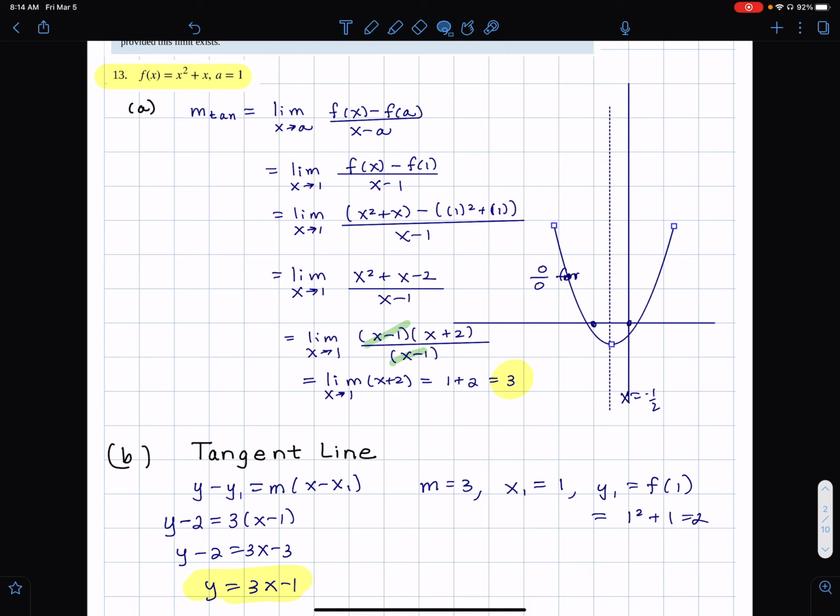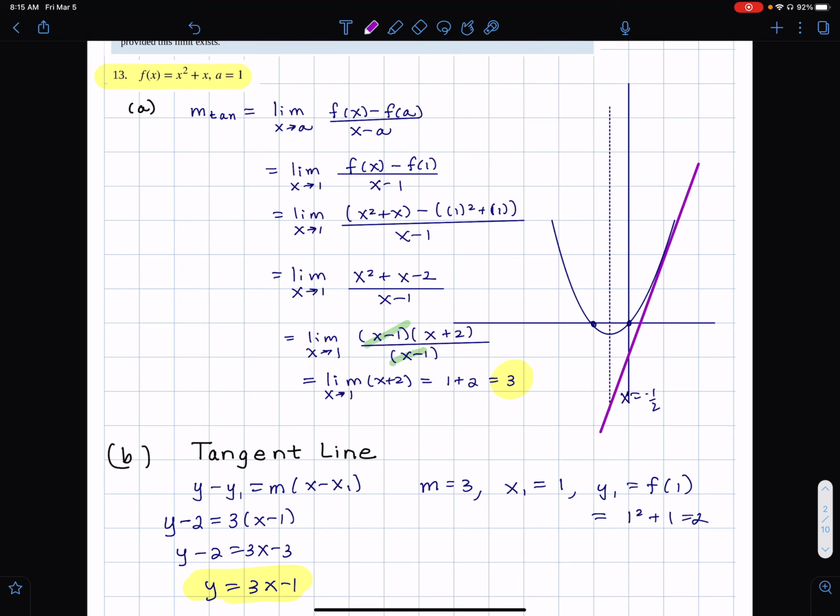I just need to tweak it a little bit. This wasn't part of the question, so I just got carried away, but you can sketch the parabola, and so anyway, it makes sense.